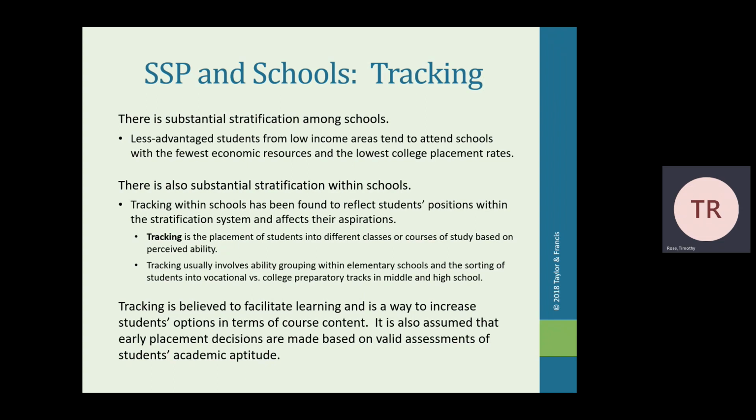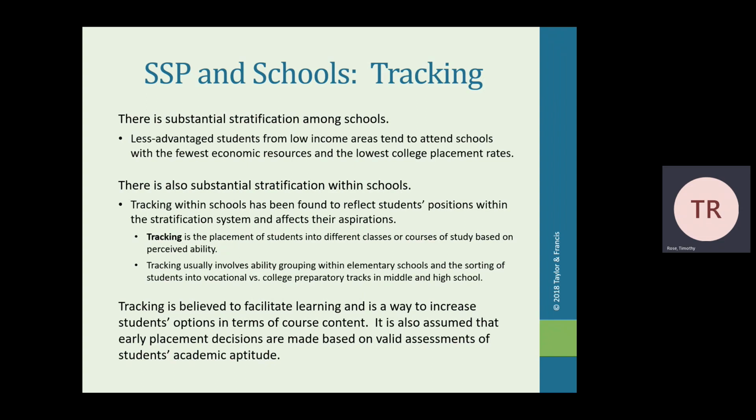Your location within a proximate context is partially determined by a larger social structure, and the relationship between this larger social structure and your proximate context has a major impact on your developing personality and your subsequent behavioral outcomes. Now, this is stratification between schools.